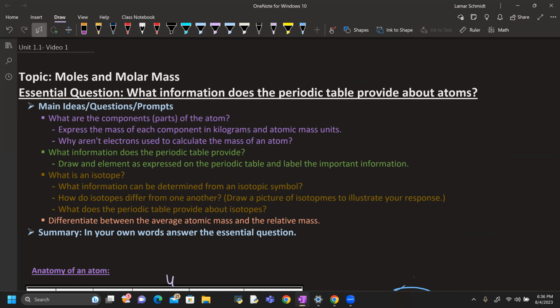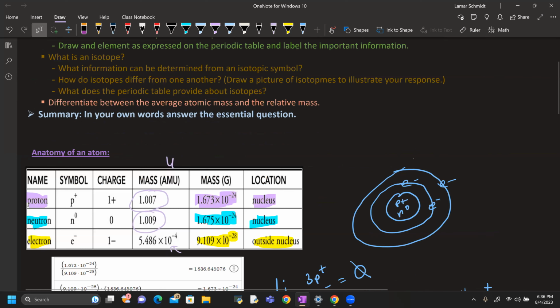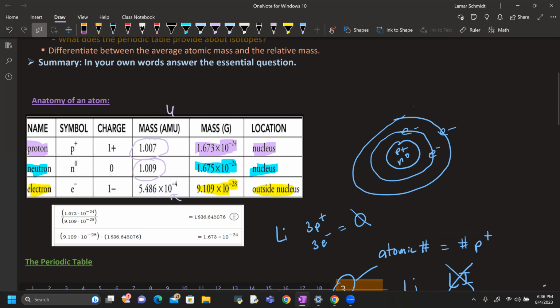And then we know why electrons aren't used in that mass. And then we were able to draw an element as expressed on the periodic table, and we labeled the important information. So we labeled that we have the atomic number, which is the number of protons. We can get the symbol from that. And then we also get the relative mass.